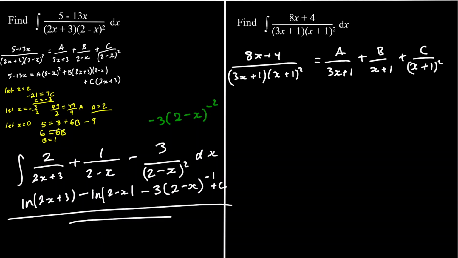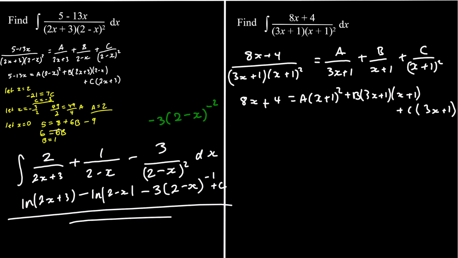Multiply through 8x plus 4 equals a times x plus 1 squared plus b times 3x plus 1 times x plus 1 plus c times 3x plus 1.